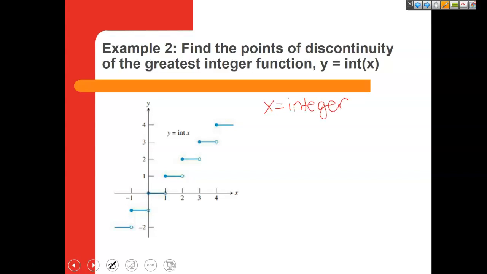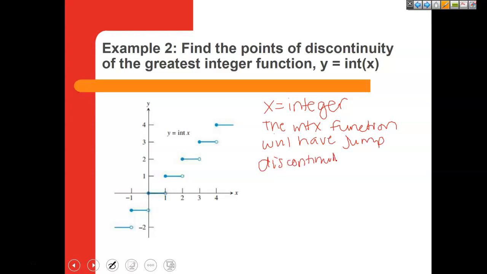So x equals integer would be your points of discontinuity. In terms of a sentence, I would say the int function will have jump discontinuity at every integer.